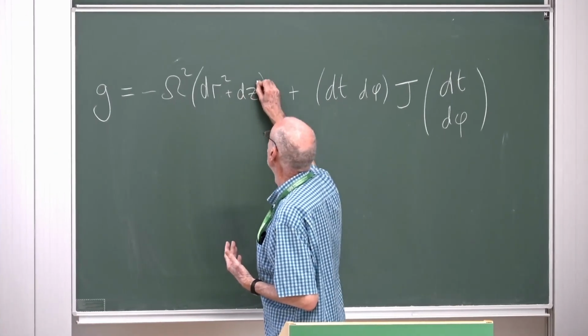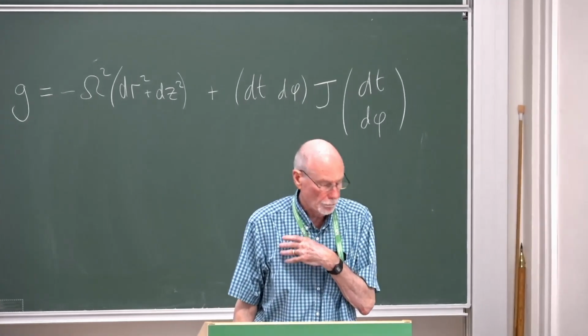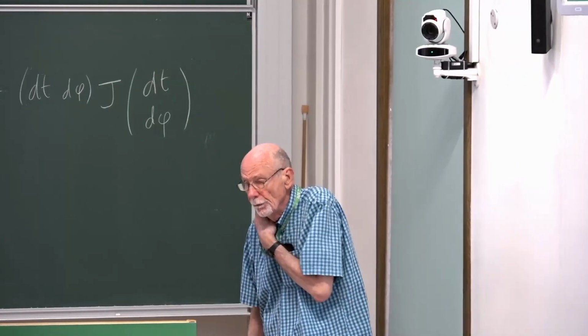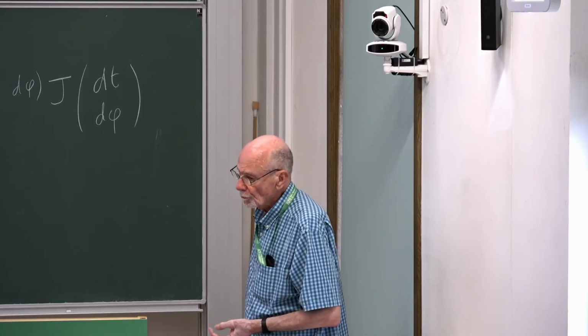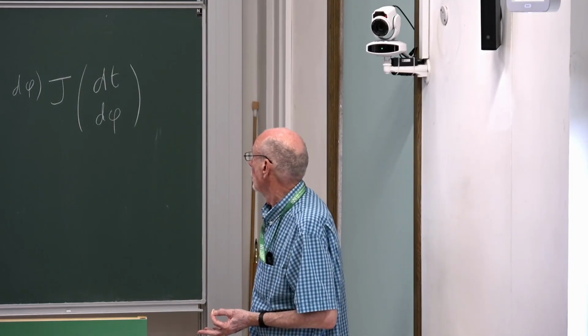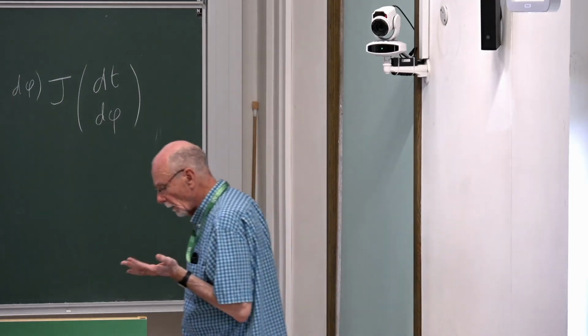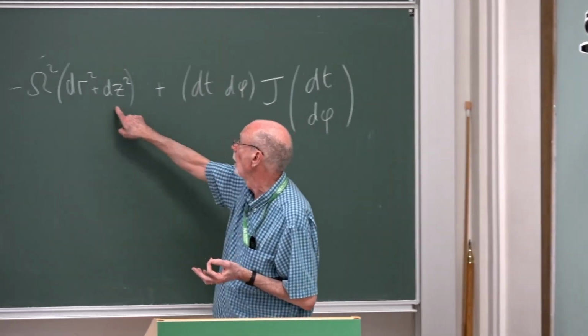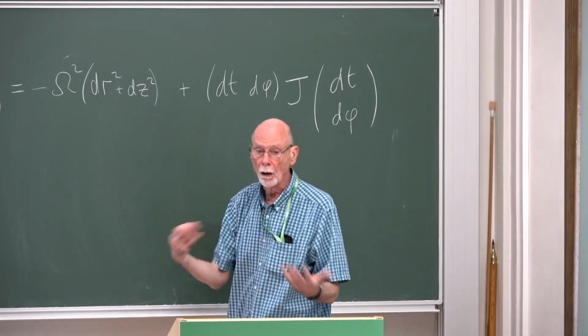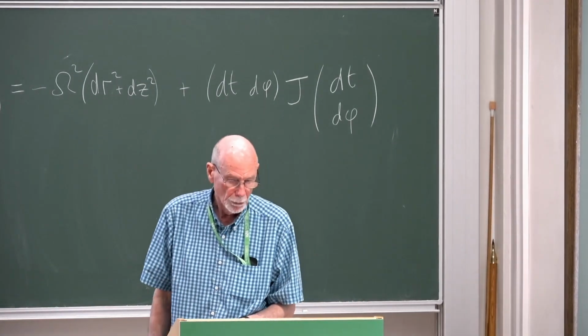And the beauty of this, and these are historically referred to as the Weyl-Papapetrou coordinates, see how unique they are. R up to sign is just fixed by J, and Z up to an additive constant is then fixed by R. So they're extraordinarily natural.